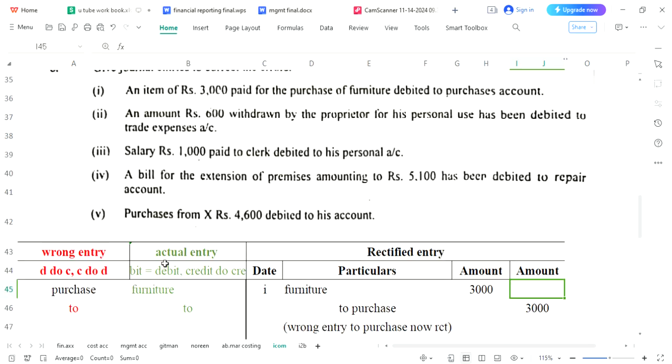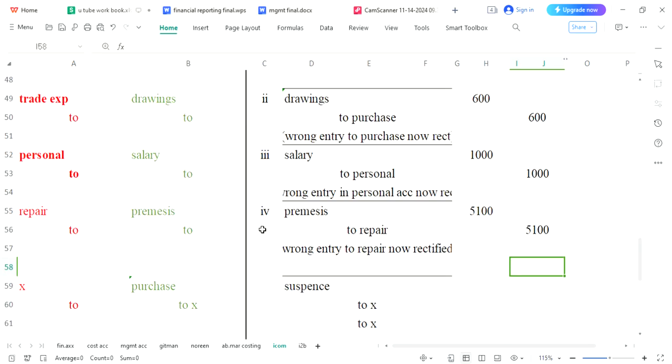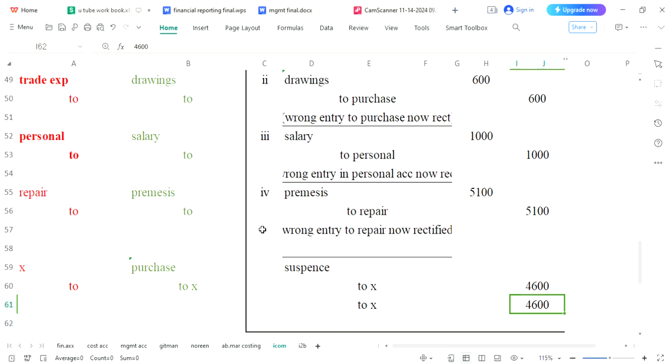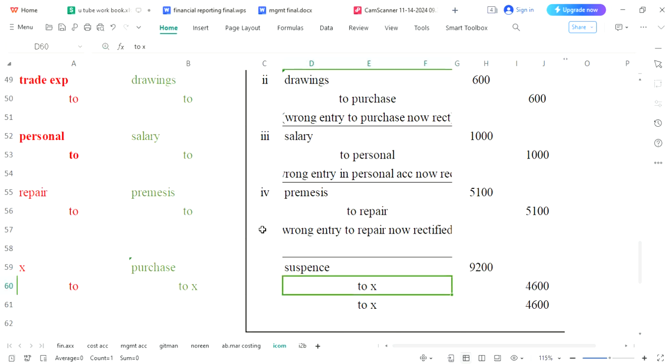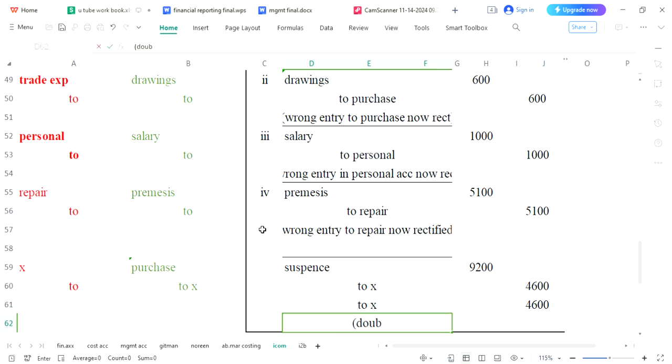Now let's see how much amount: 4600. So 4600 would be written in front of the first X, the same amount in the second, and on the debit side you will write both amounts, that is 9200. Please understand it was a double error. So in the narration: double error in X, now rectified.